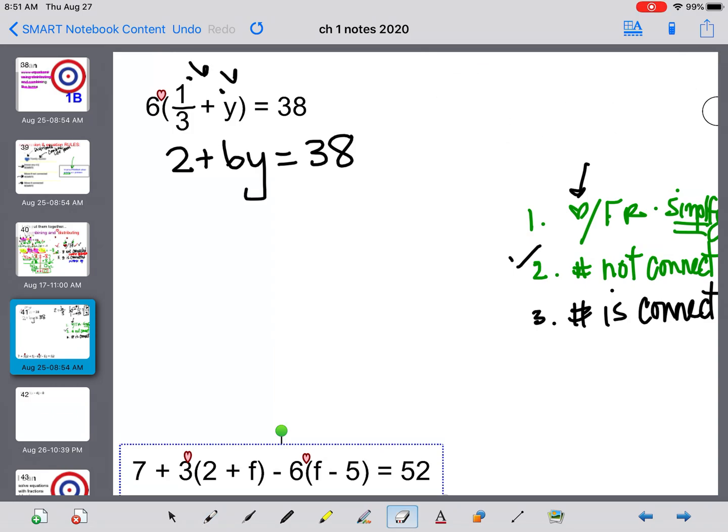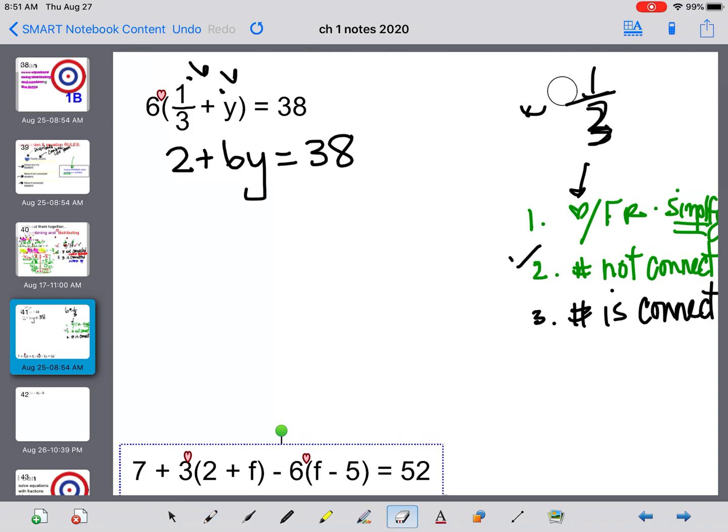So that's a little trick. Whenever I multiply, this is how I think about multiplying a whole number times a fraction. I multiply by the top, and then divide by whatever the bottom number is.